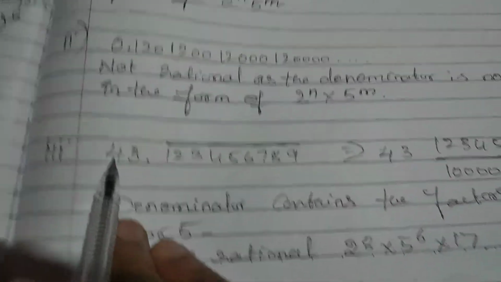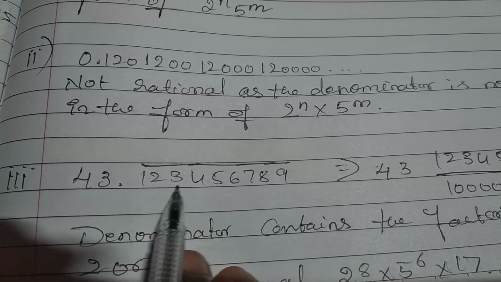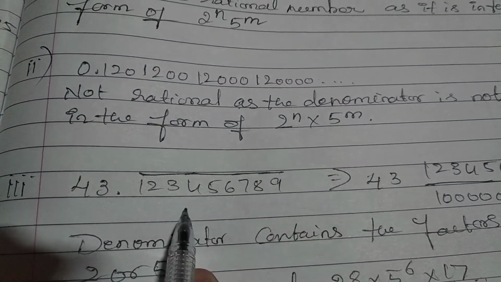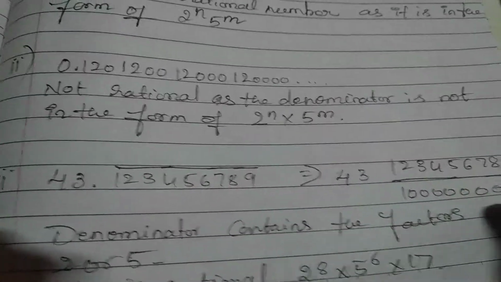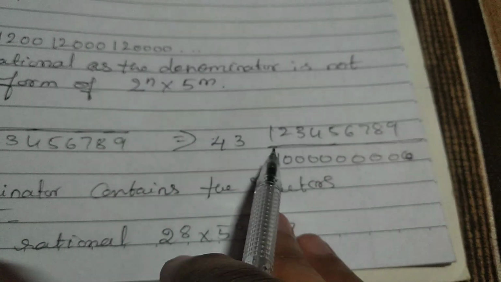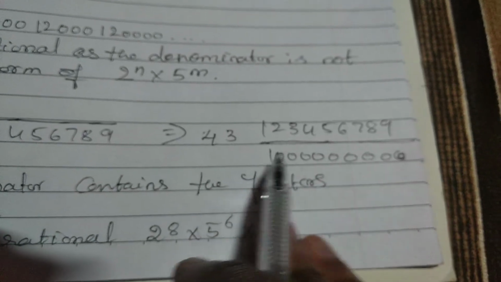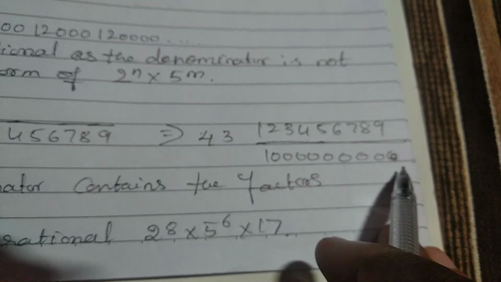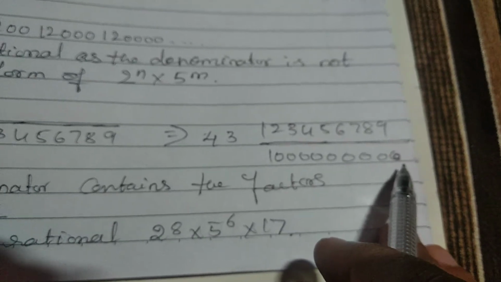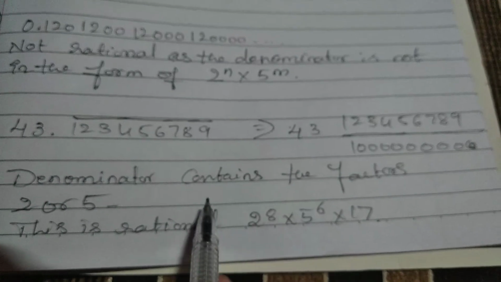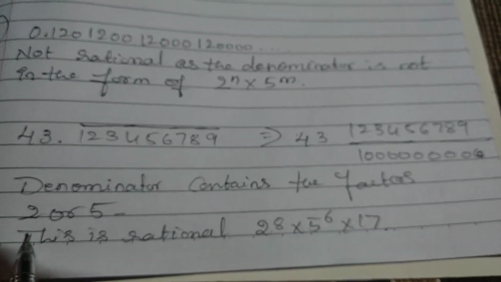Okay, next number is 43.123456789 repeated, because the bar is given, repeated. This is also a rational number, we know that, but for convenience, see here 43123456789 divided by 1 followed by how many zeros? 9 zeros, because 9 digits are there. So the denominator contains factors 2 and 5.